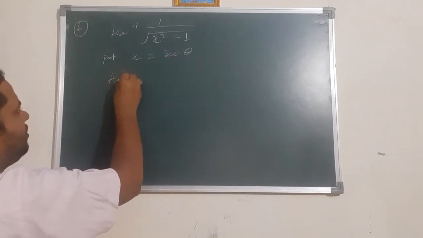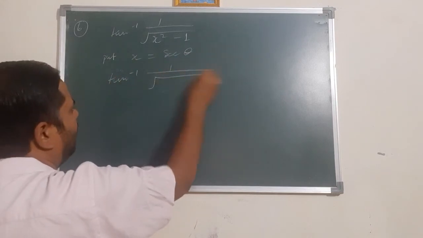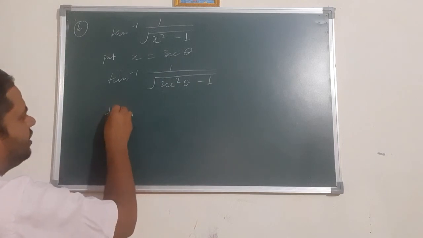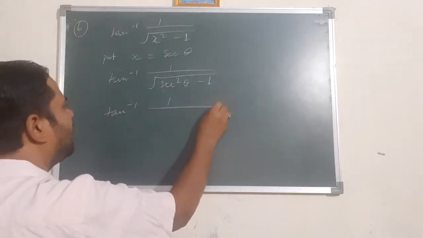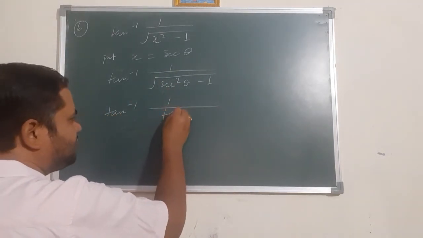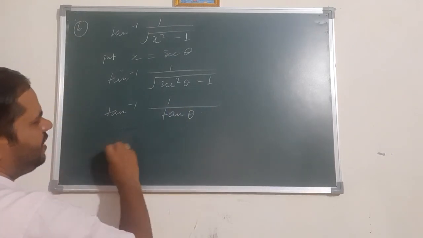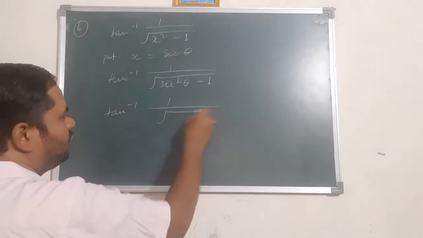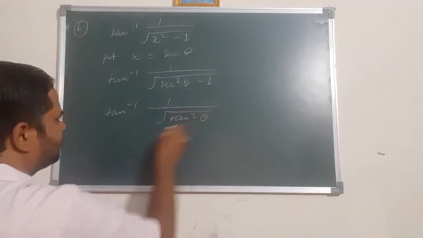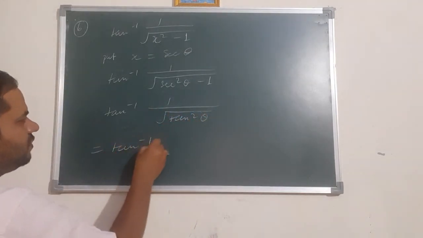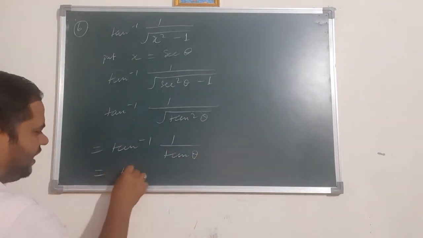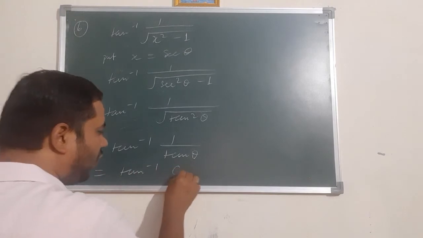Then tan inverse of 1 upon root of sec square theta minus 1. Sec square theta minus 1 is tan square theta, root of tan square theta is tan theta. So this is tan inverse of 1 upon tan theta. So this is tan inverse of cot theta.